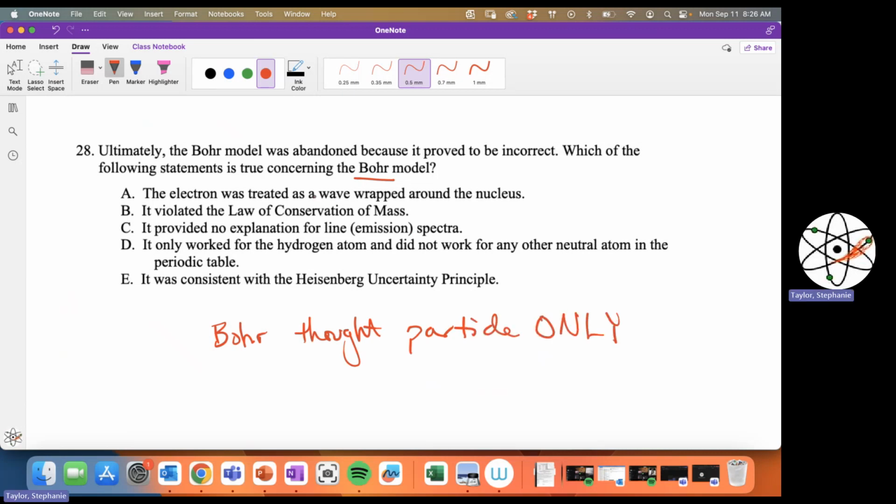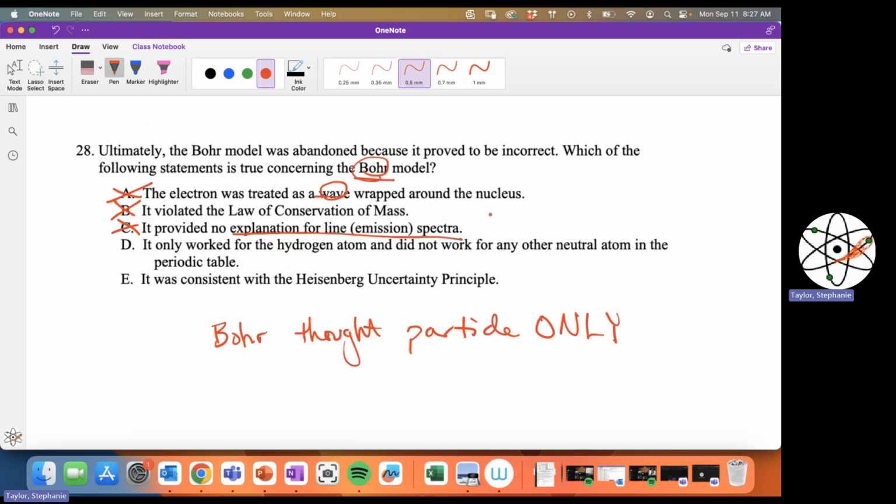So anytime we see the word wave associated with the Bohr model, it's wrong. It violated the law of conservation of mass? No. We will violate the law of conservation of mass later, but that's nuclear. Also, it's going to become the law of conservation of mass and energy, but that's not right now. It provided no explanation for the line spectra? Also wrong.